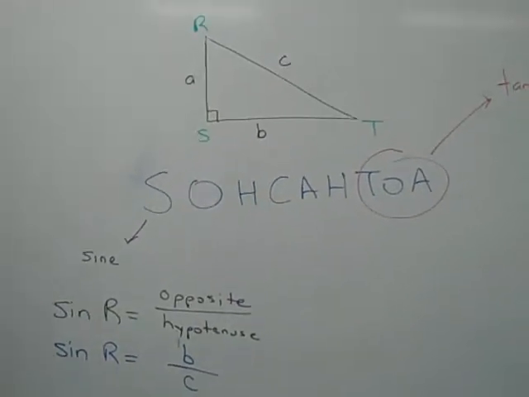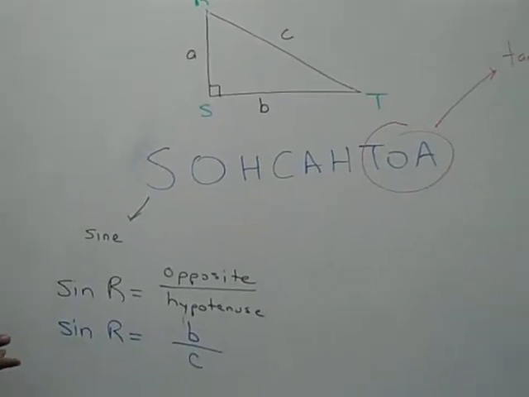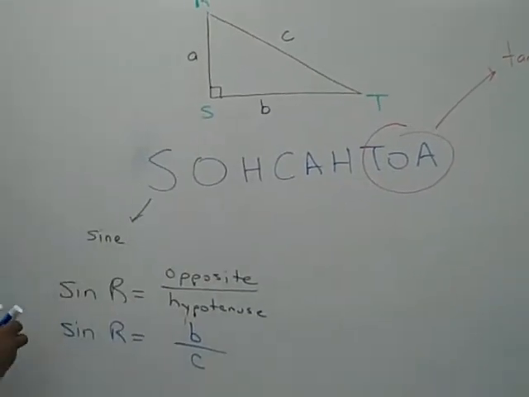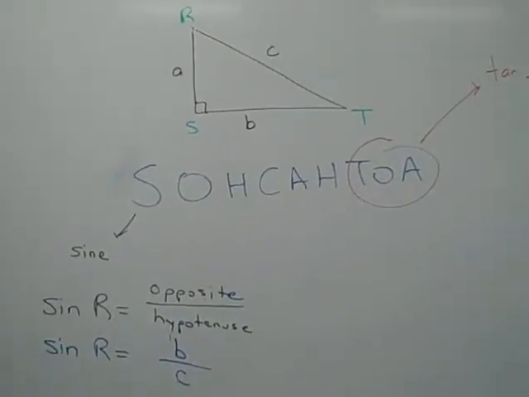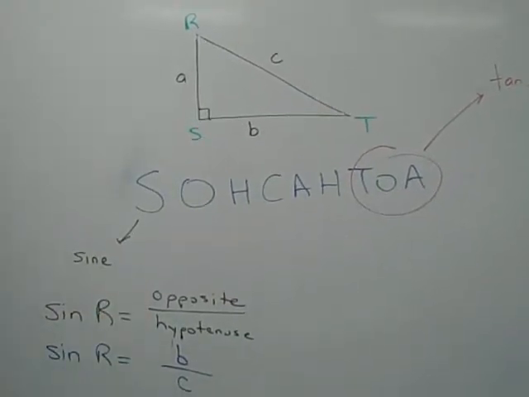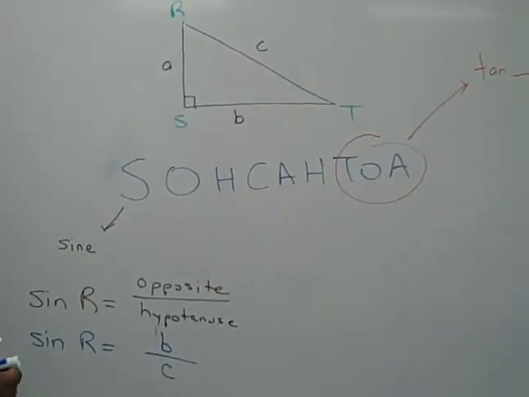Okay? So could you write a sine ratio for, say, angle T? Remember, opposite over hypotenuse. Right.